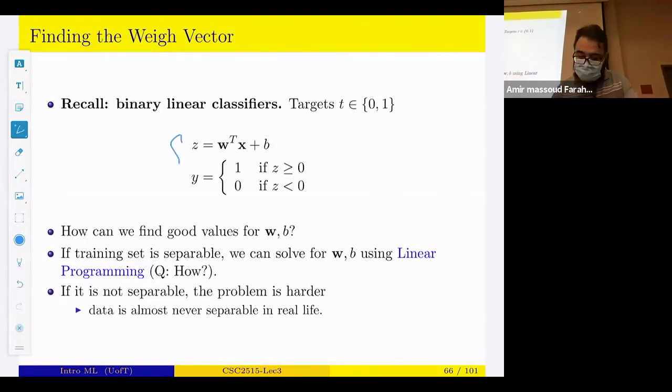Now, of course, the question is how to find those weights. So we have this linear model. The question is how we can find W and B. If the training set is separable, so there exists a solution where we can find a line, then we can solve for W and B using linear programming.